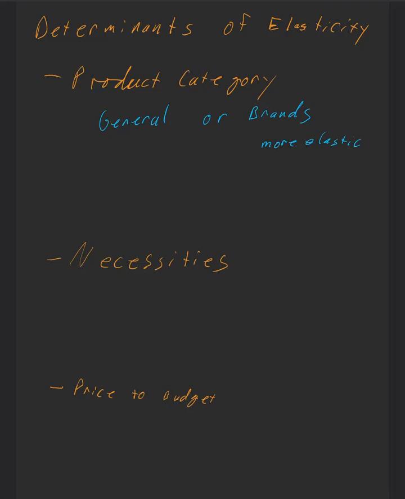If we're talking more generally about carbonated drinks or something, that's a much more broad category, much more general than brands are. You'll actually be somewhat less elastic in that case, because the substitutes are fewer and they are poorer in quality.